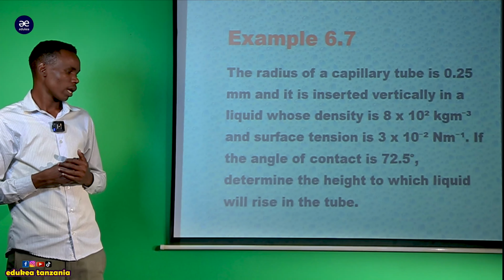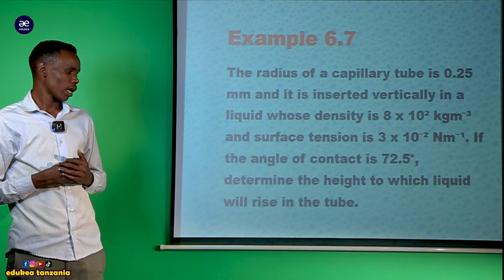First of all, let us try to summarize our example together. Imagine we have a narrow tube, a capillary tube, having the radius equal to 0.25 millimeter, and it is inserted vertically.